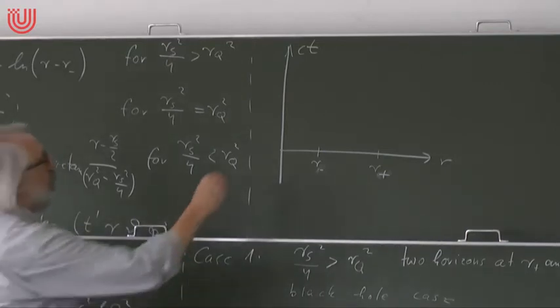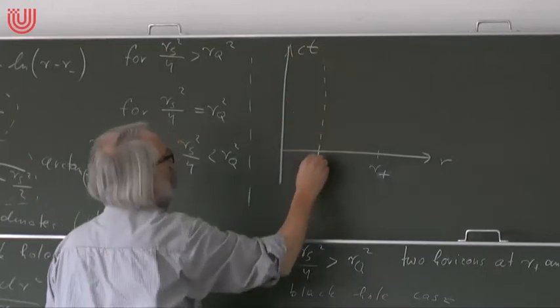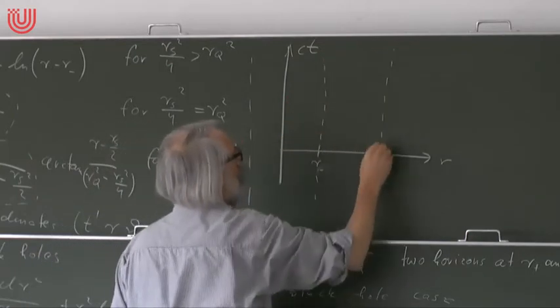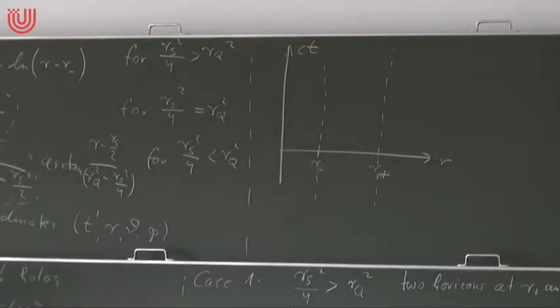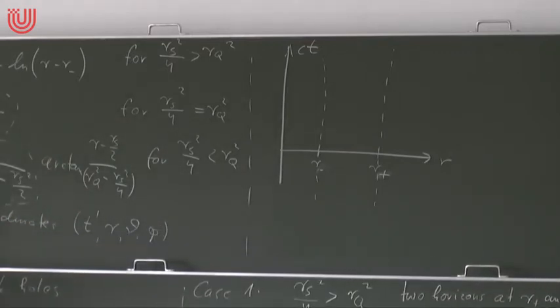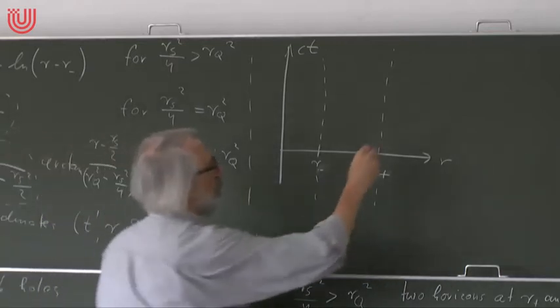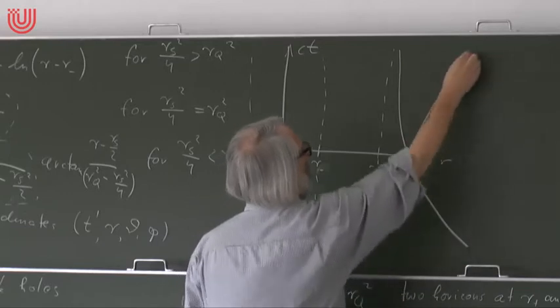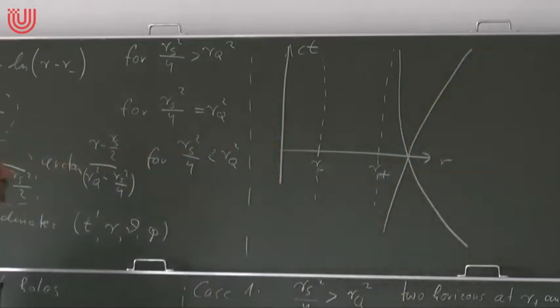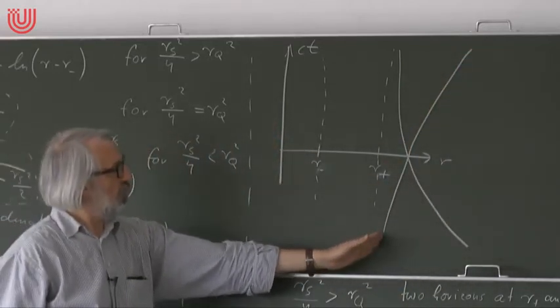Okay, and now what are the light rays doing? Now we can plot the ingoing and outgoing light rays. I said already that for big r, the situation is very much the same as for Schwarzschild. And we know what happened for Schwarzschild. We have the ingoing and outgoing light rays like that. So they asymptotically approach this horizon.